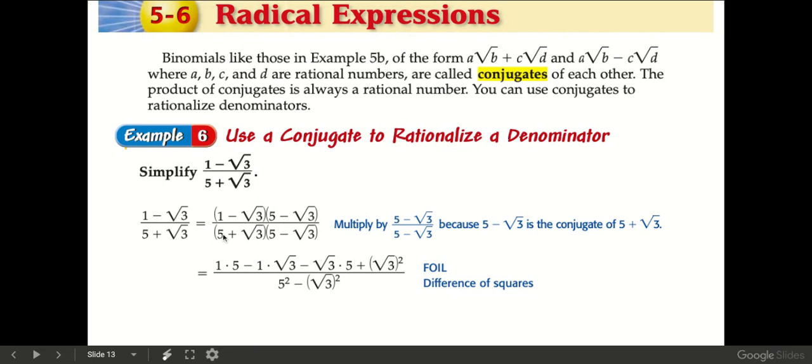In the denominator, I would have 5 times 5, which is 5 squared, 5 times negative radical 3, which is negative 5 radical 3, positive radical 3 times 5, which is plus 5 radical 3, and then radical 3 times negative radical 3, which is negative radical 3 squared. So again, remember that the conjugates of each other will eliminate that middle term. And so it's just going to leave me with 5 squared minus radical 3 squared.